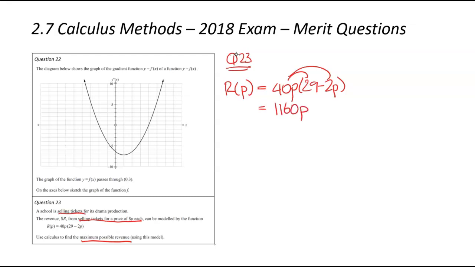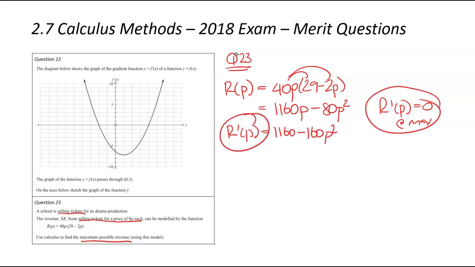Always use a calculator to double check these in the exam. At the maximum, R'(p) is going to be equal to 0, so we differentiate: R'(p) equals 1160 minus 160p.